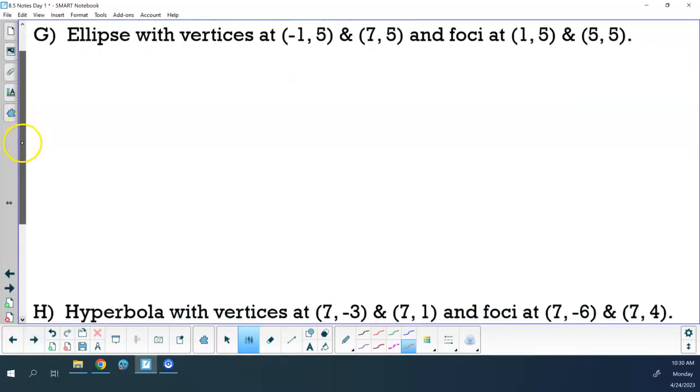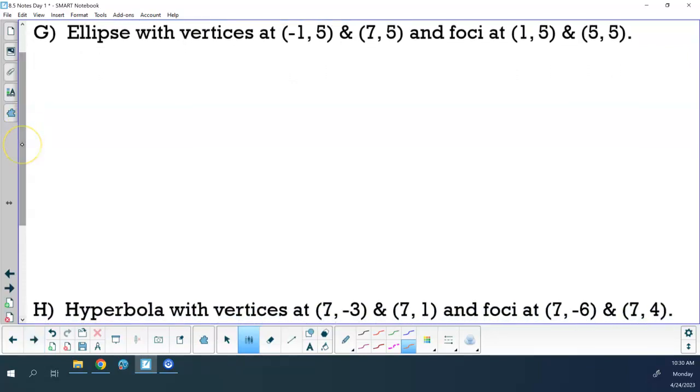Find me the equation of the ellipse with that and a hyperbola with those. So in the first one, I have vertices, and it looks like they are left and right.